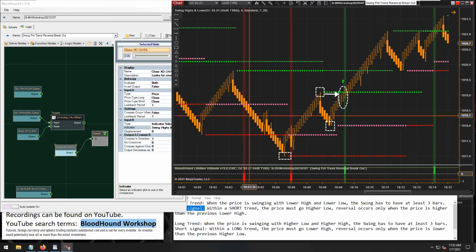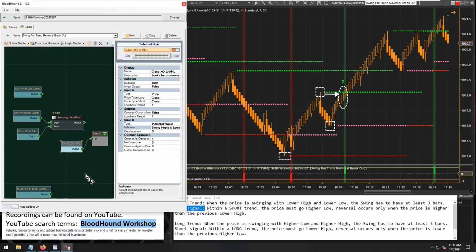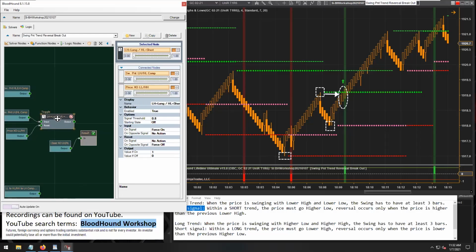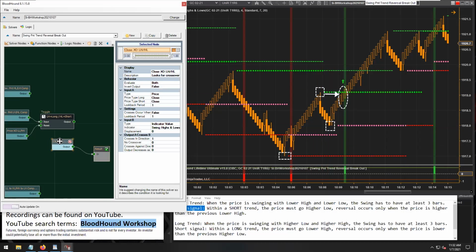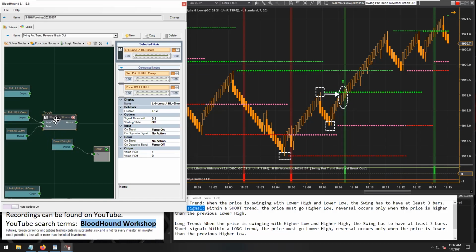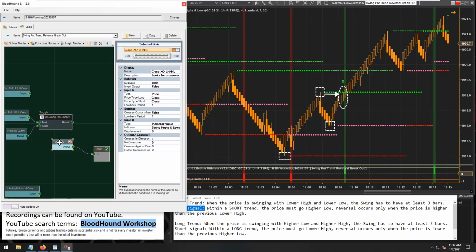We have some other crossover signals, but of course, once we connect this all together, remember that the toggle node is basically acting as a filter, making sure that we actually get a lower high or a higher low, things like that. So we need to connect our trend filter with our signal condition, right?